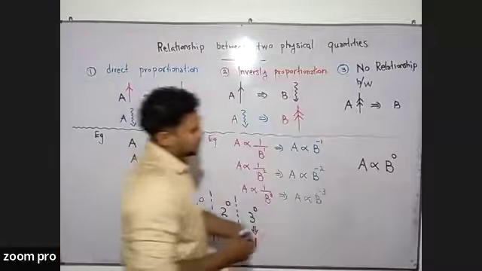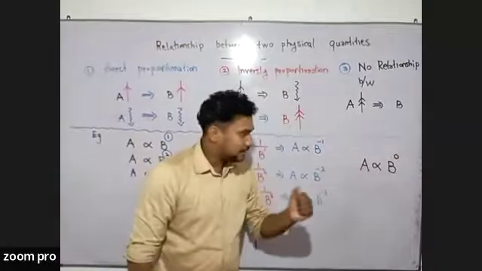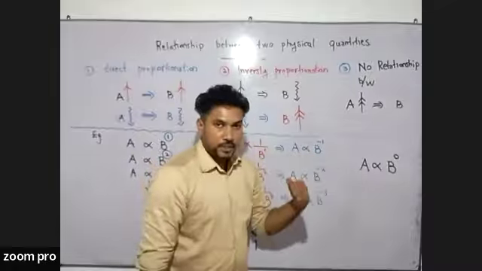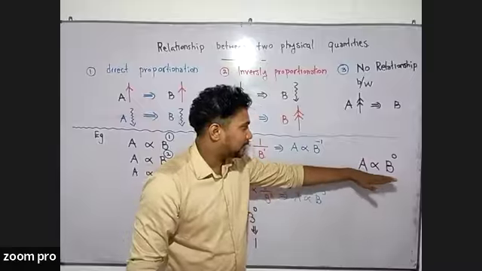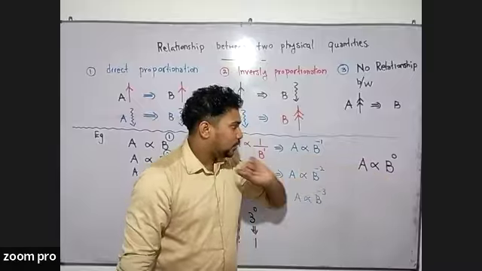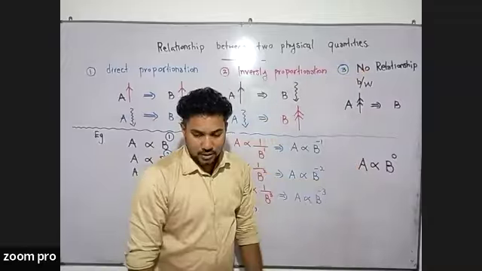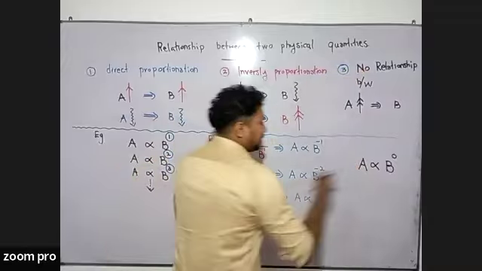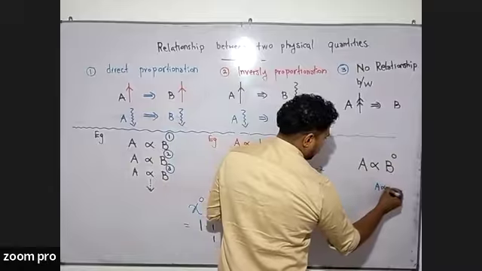So this is the way that we represent no relationship between any physical quantities. This is one way that we note no relationship between two physical quantities. So keep in mind that instead of b naught, b to the power naught can be considered as 1.